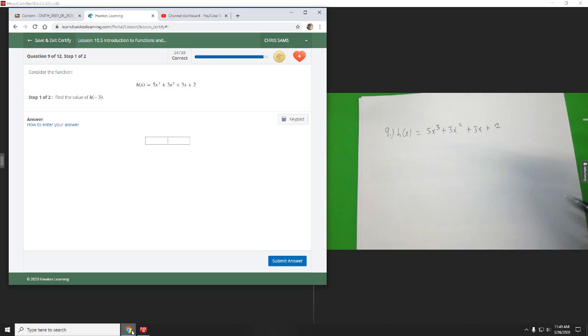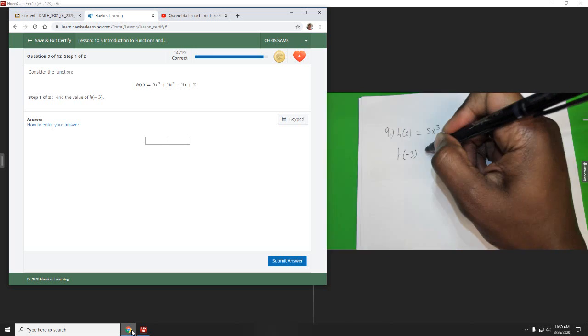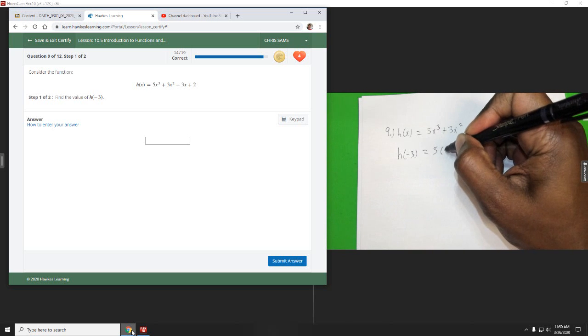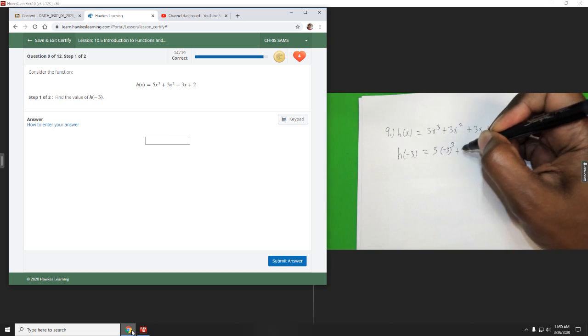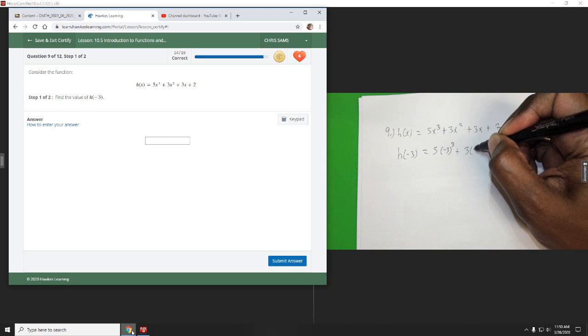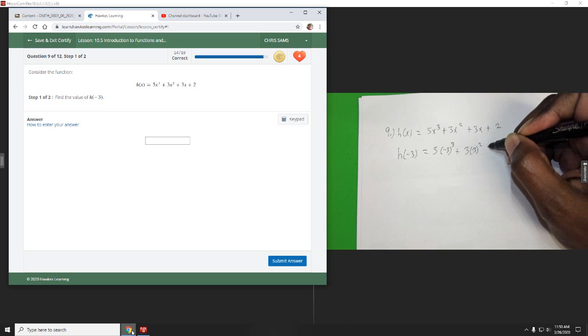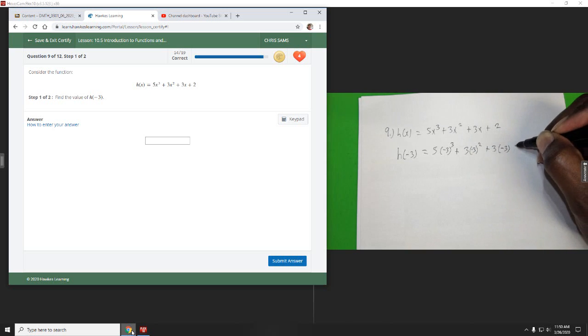And we want to plug in a -3. So 5 times -3 cubed plus 3 times -3 in parentheses, squared plus 3 times -3 plus 2. Okay.